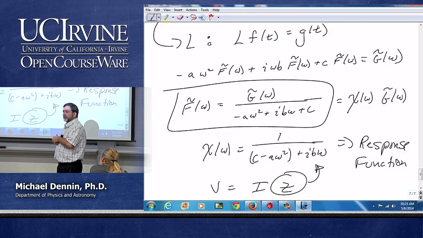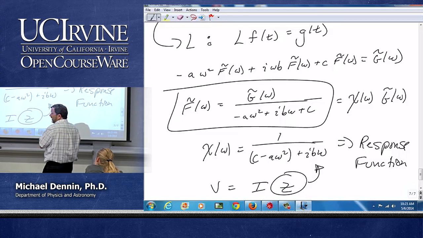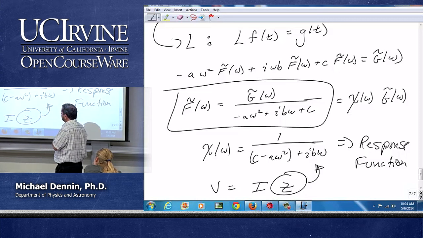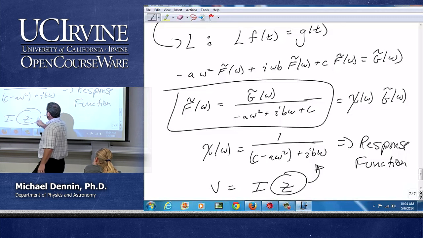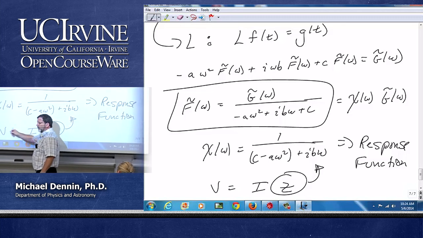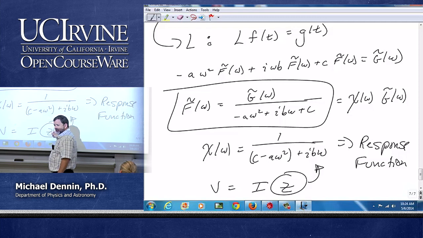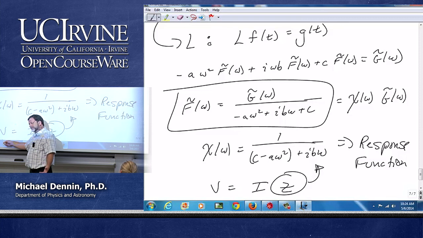Did you have a question or? No. Okay, thought you did. Oh, so is the z pointing towards the whole chi or just the imaginary? So in this case, z is the whole chi, right? When we wrote down v equals iz, it was not quite this. Actually, 1 over z would be your chi, because v is usually your driving and i is usually what your response is, so you put the z over here.